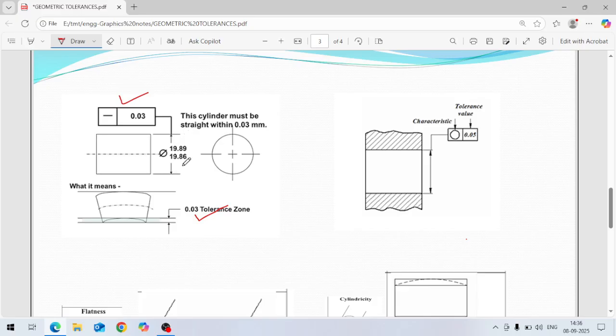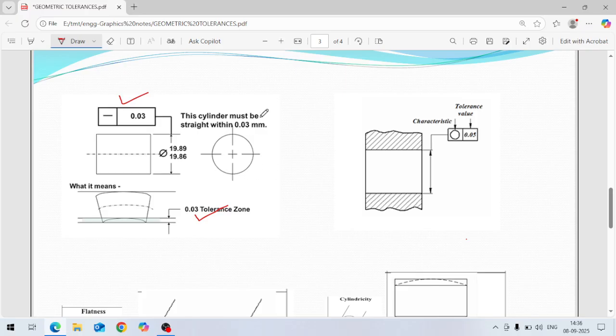So this is an example. If any deviation is there in the shape, that deviation is allowed only 30 microns, 0.03 mm. This way we define straightness.